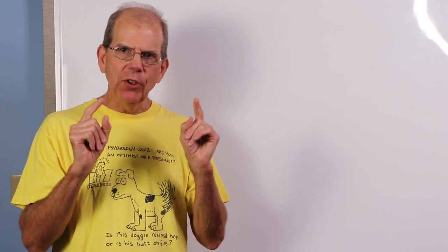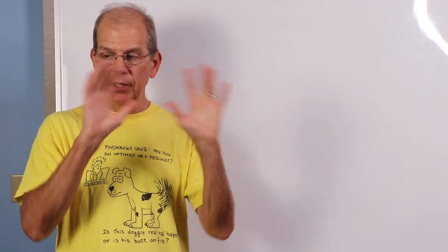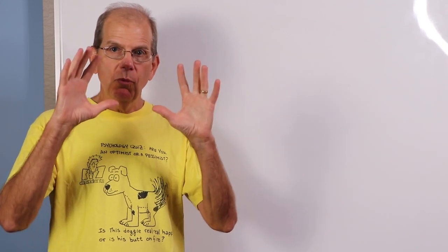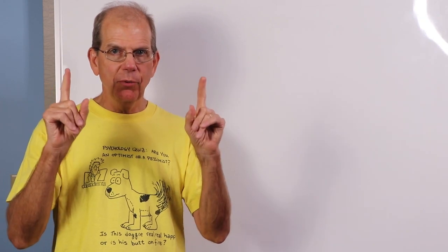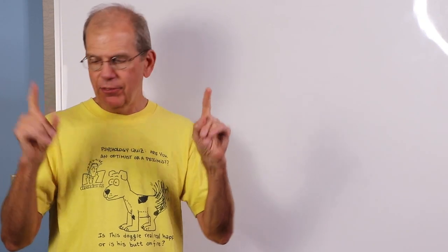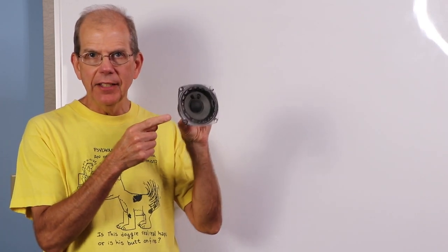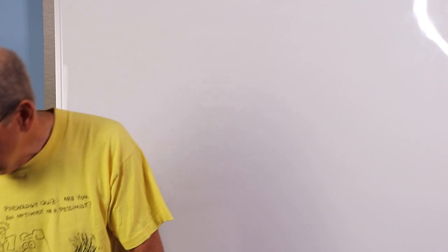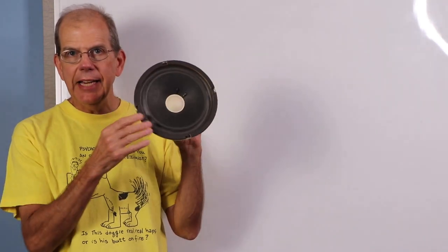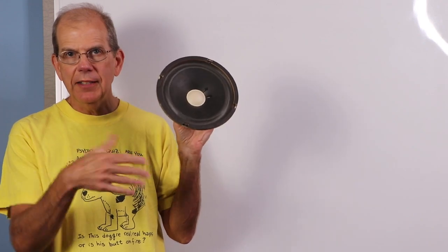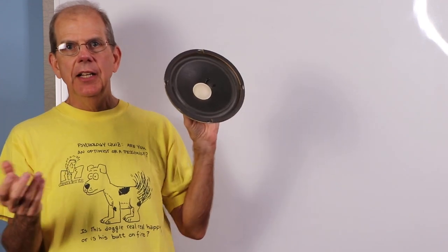So I want to take a look at this in kind of a big picture, right? Take a step back, look at the big picture. What's common? In other words, we're going to talk about things, whether it's a little 4-inch woofer like this that you would find in a little mini monitor, or an entry-level little 8-inch woofer you'd find in a typical inexpensive bookshelf system, right?